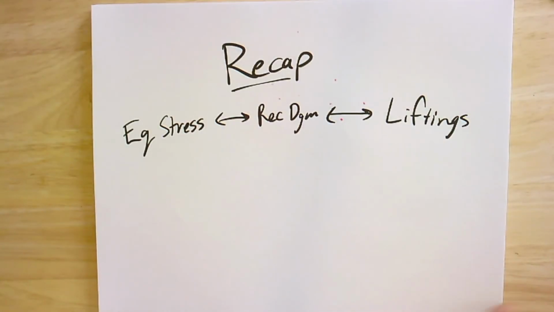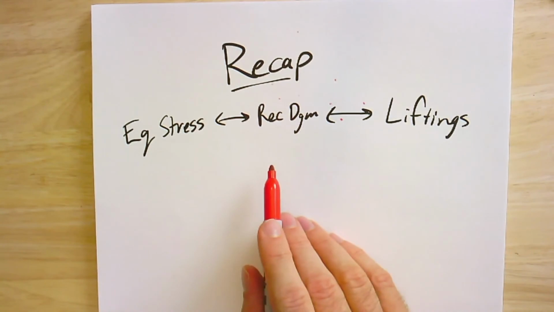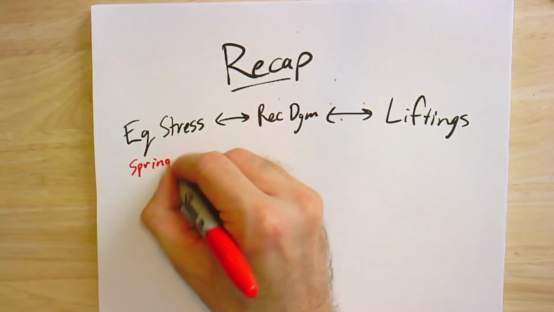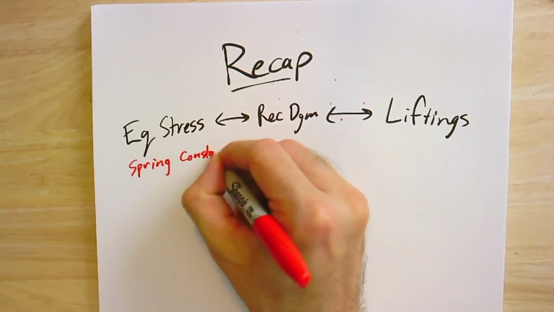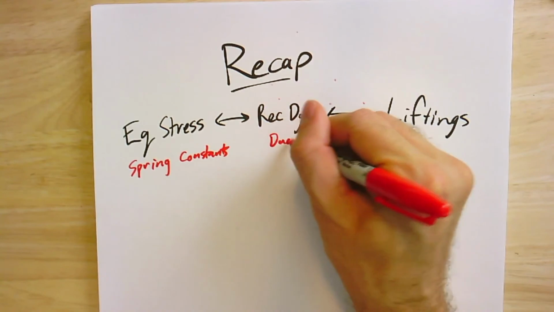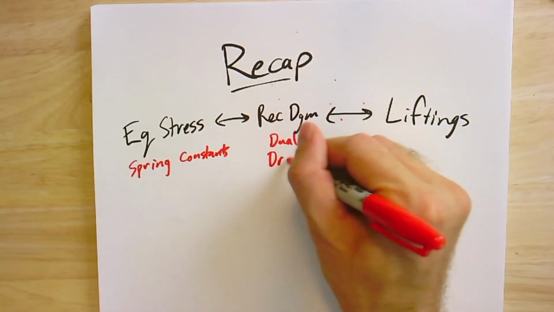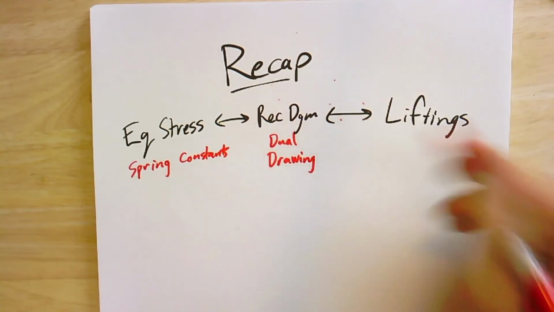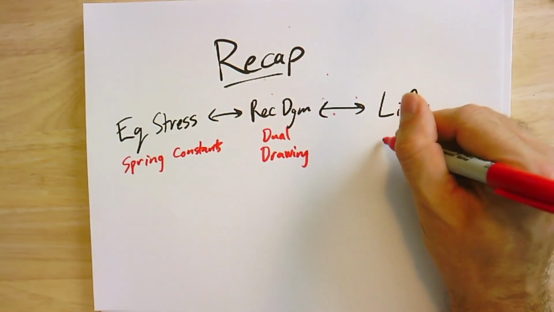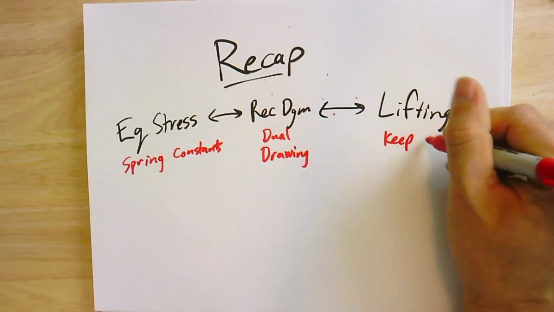All right, so let's wrap up here. So this gave us the second half of the Maxwell-Cremona correspondence, going from spring constants and equilibrium stresses to nice dual drawings, which are orthogonal, right? Every edge is orthogonal to its dual drawing, and liftings, keeping faces flat.